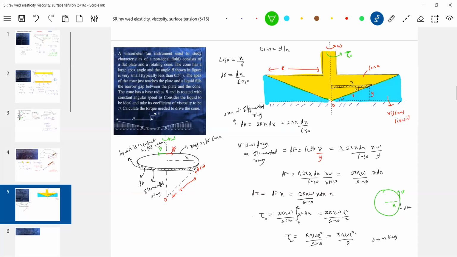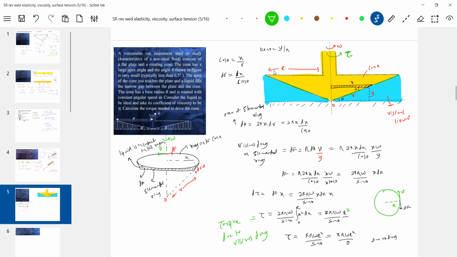Okay, then this is like a torque due to... R cube by 3 will come. Okay, fine.